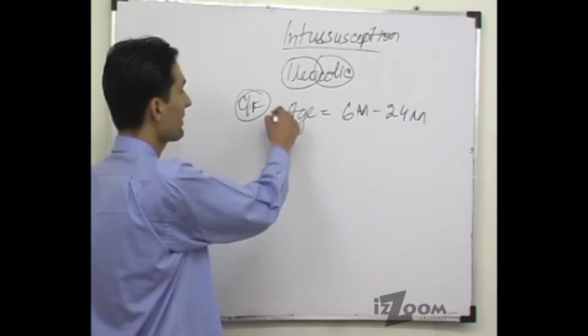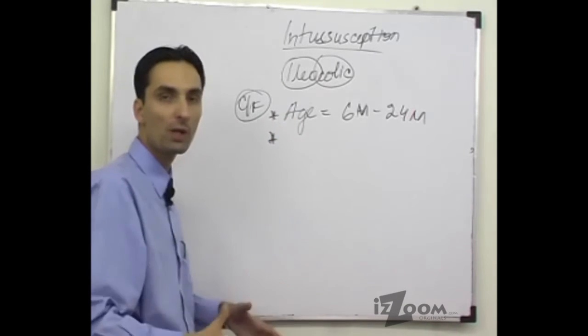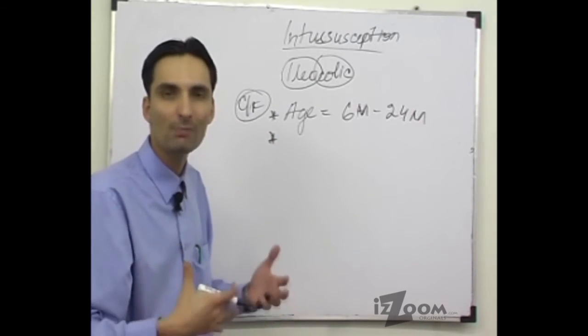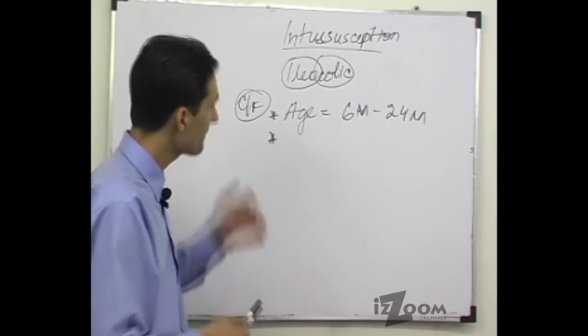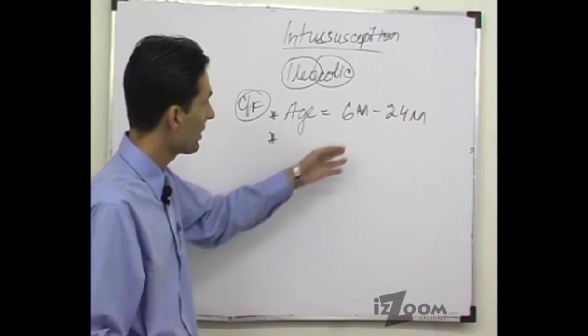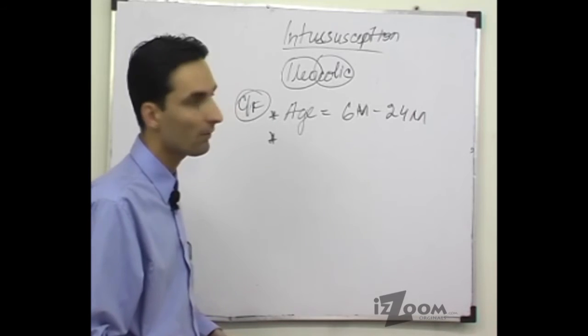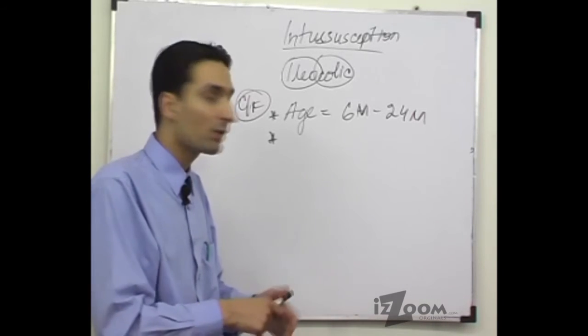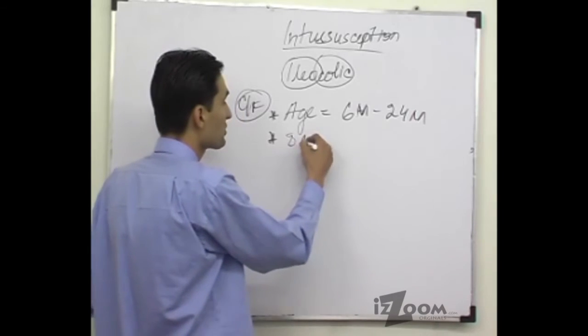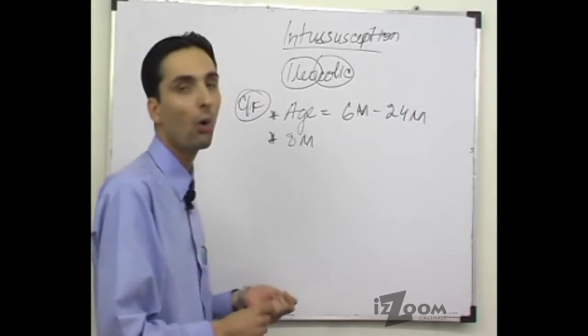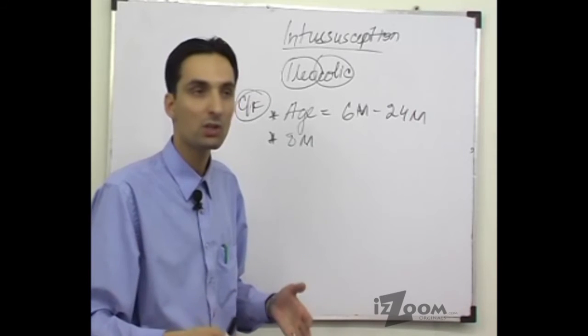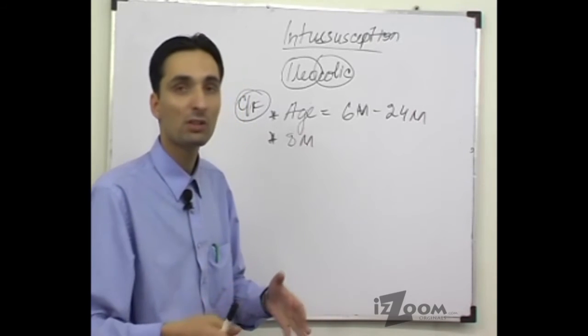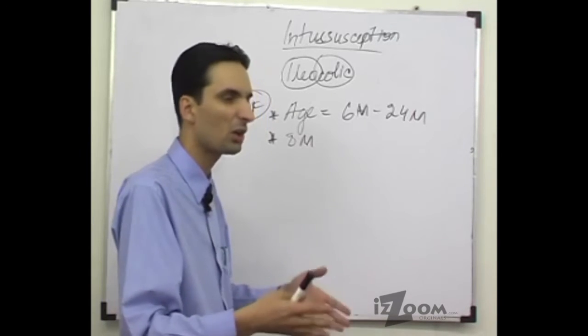These children present clinically with recurrent bouts of acute abdominal pain. If an infant cannot express himself or herself, for example, an 8-month-old infant presents to you with intussusception, how will this infant present? The mother will tell you, doctor, my child cries all the time.